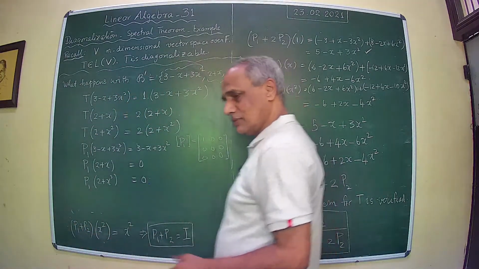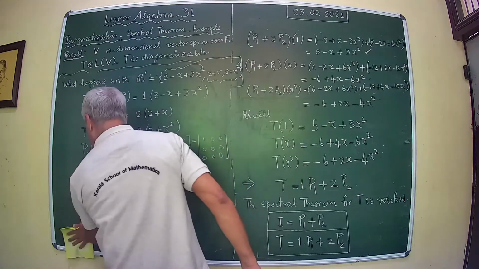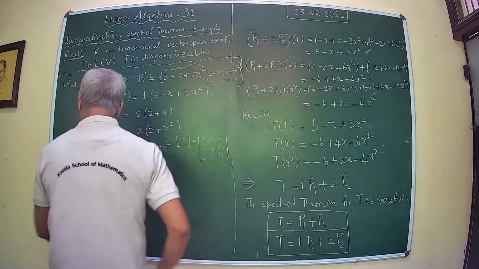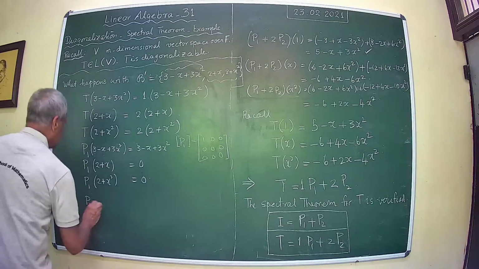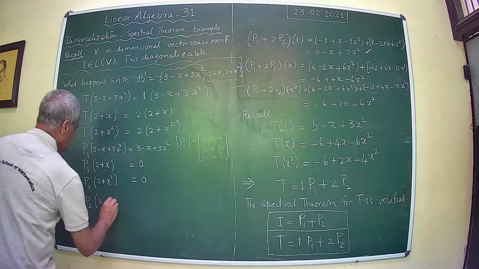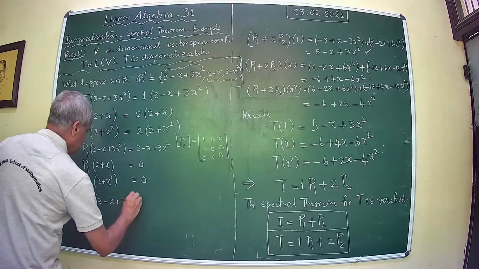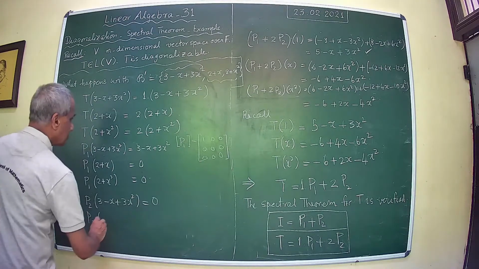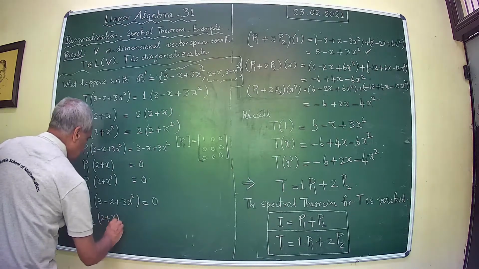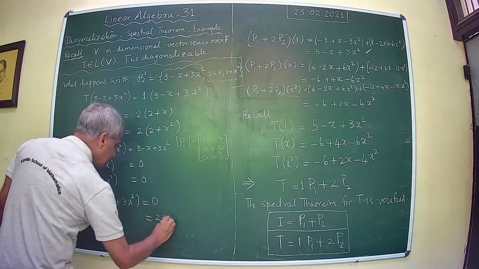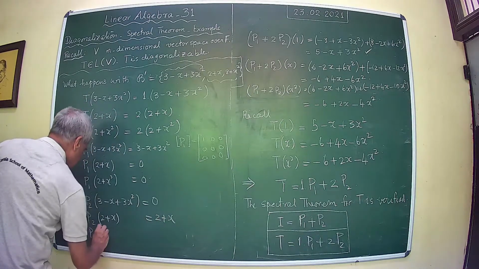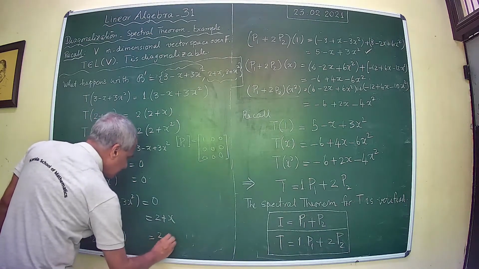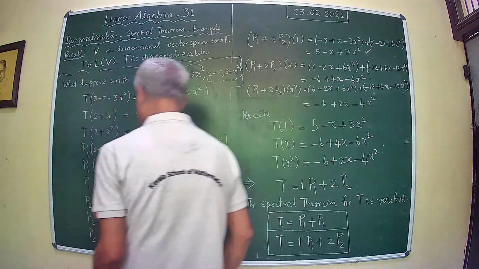That's the choice. What about P2? P2 is chosen as... P2 is defined by... square.